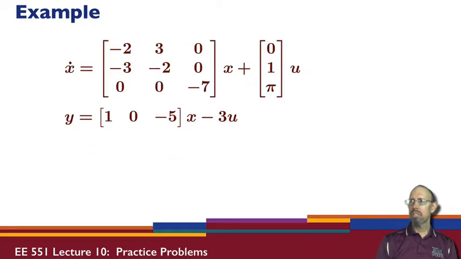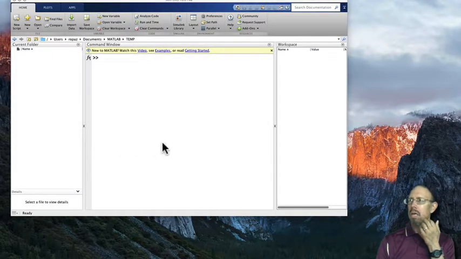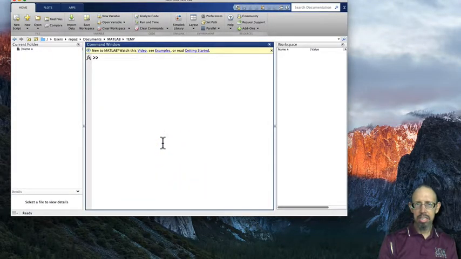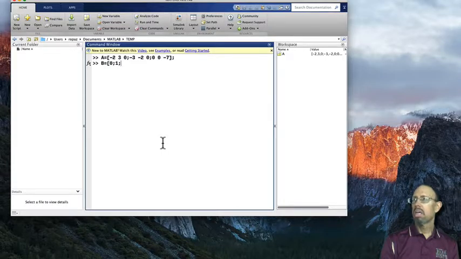Okay, so here's the system. In this case, A is given by the matrix minus 2, 3, 0, minus 3, minus 2, 0, 0, 0, minus 7. B is given by 0, 1, pi.